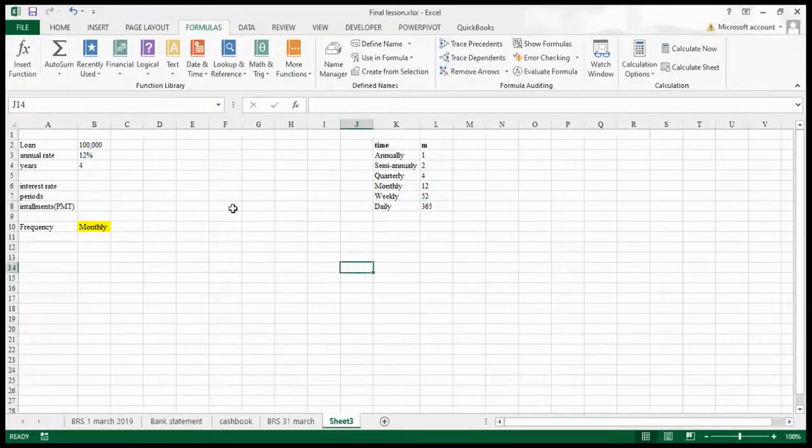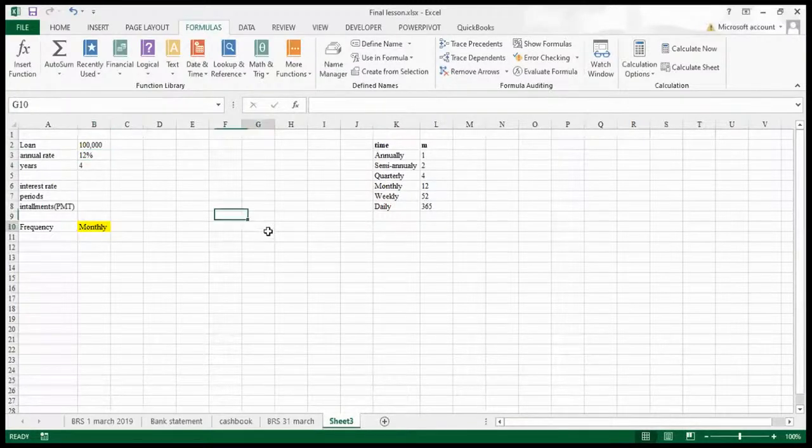Having done that, we now want to use a formula that will help us to adjust this interest rate and period such that if I pick monthly, then the interest rate should change to be 12 divided by the number of months, or the interest rate here divided by the number of months.